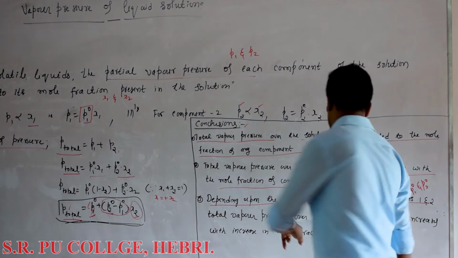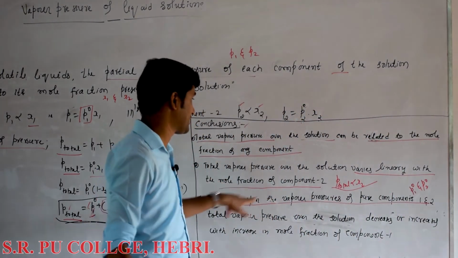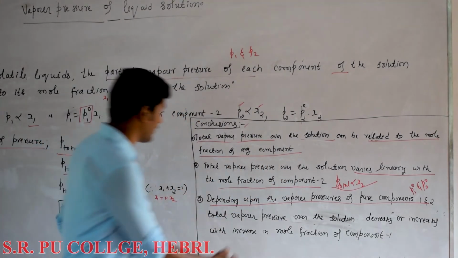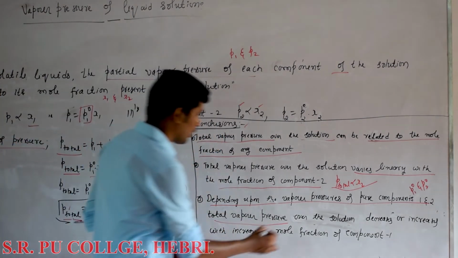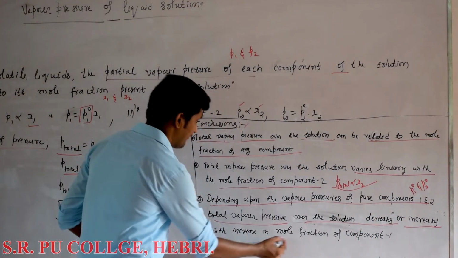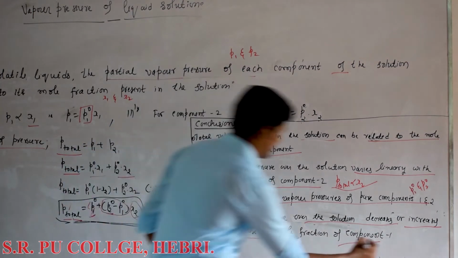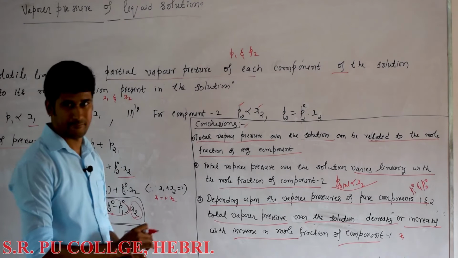So what is the meaning of this term? Depending upon P1 naught and P2 naught, total vapor pressure, that is P total, over the solution decreases or increases with increase in mole fraction of component 1, that is with increase in X1.